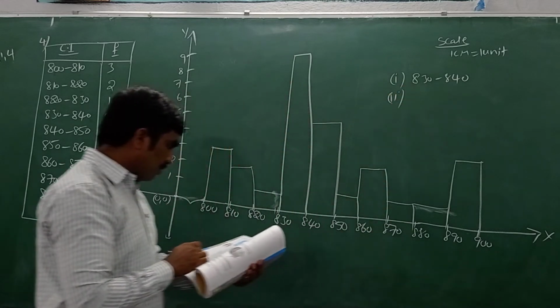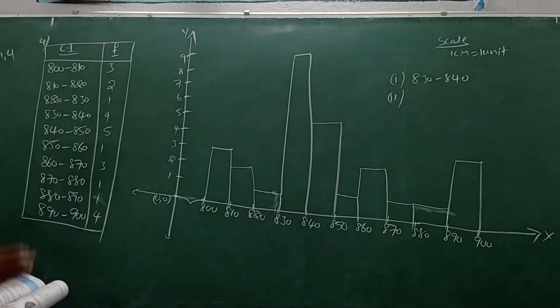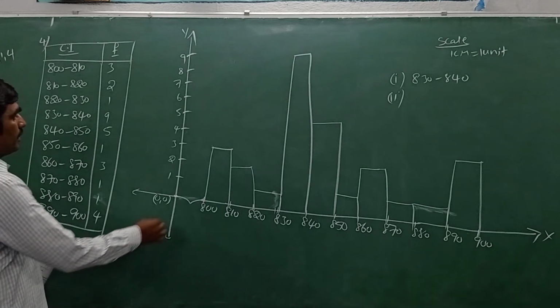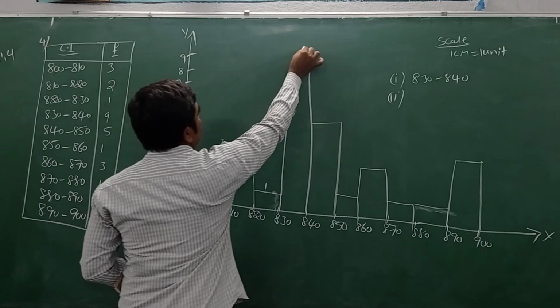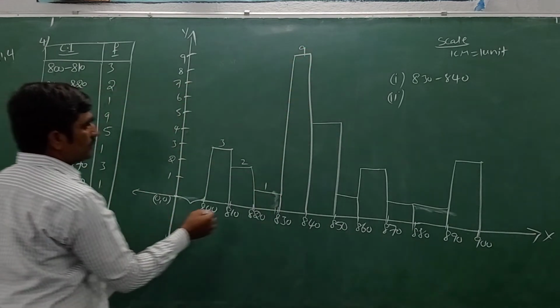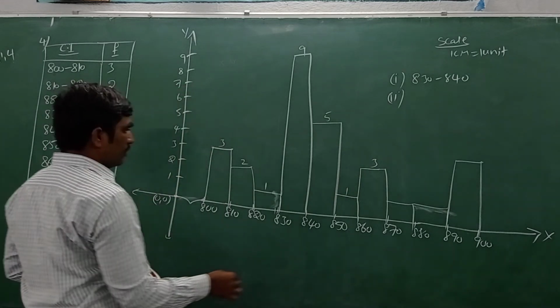Now let's see the second question. They are asking how many workers earn 850 and more. Better we write it like this here: 3, 2, 1, 9, then 5, 1, 3, 5, 1, 3, then 1, 1, 4.